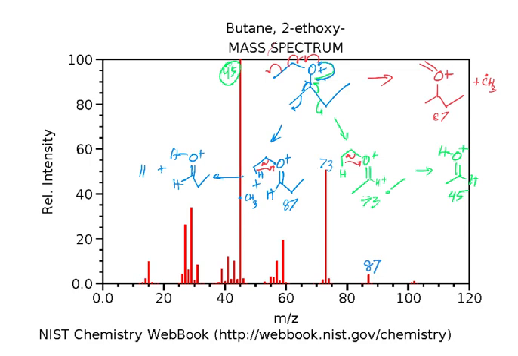Let's see, that one, 73, 45. 87 goes to 59.